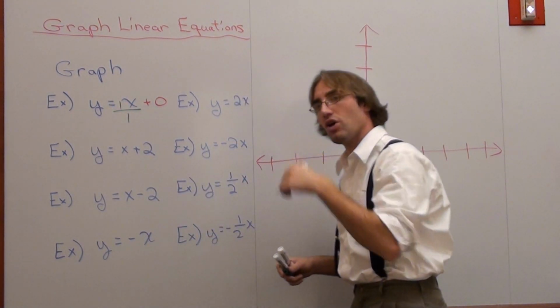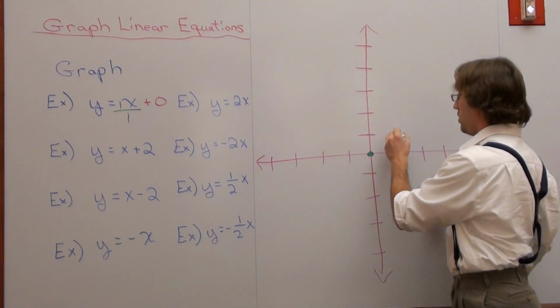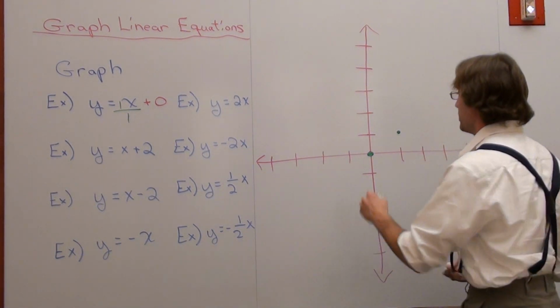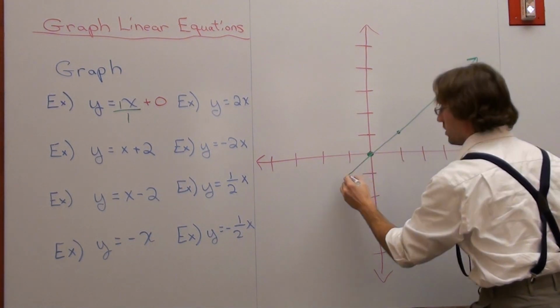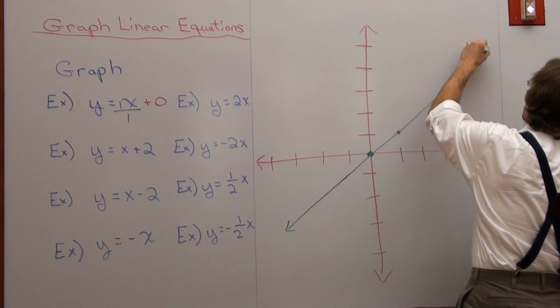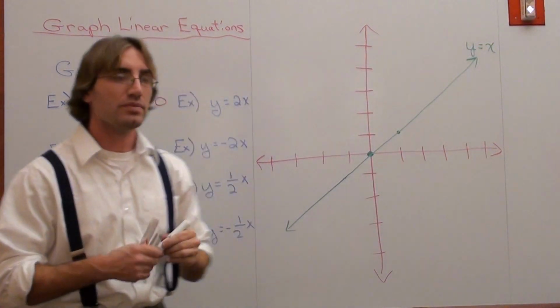So it's rise 1 over 1 from the y-intercept. Up 1 over 1. Connect the dots. Make it continuous. Congratulations, you just graphed y equals x.